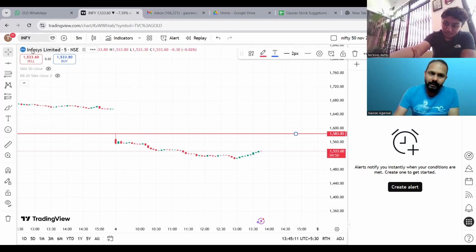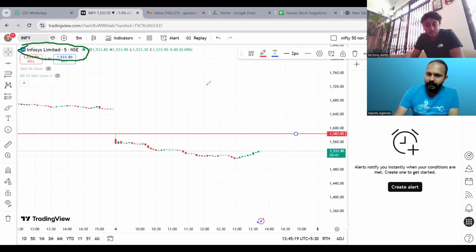So this is basically an IT stock. Infosys is an IT stock here in India. So we had a bad news last night. Some AI company said that they have prepared a tool which can automatically do the work of around 1,000 IT employees, right? So this was bad news for the IT companies. That is why this stock opened gap down, correct?